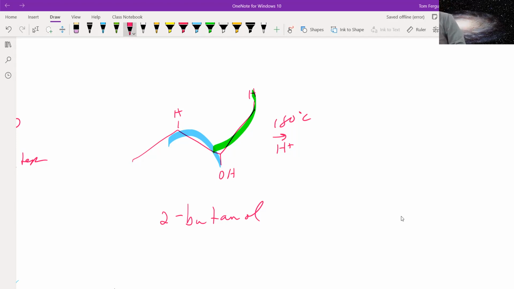Okay, the first one's going to look like this. I immediately draw the backbone. Backbone's not going to change. Okay, and this will be the blue one.